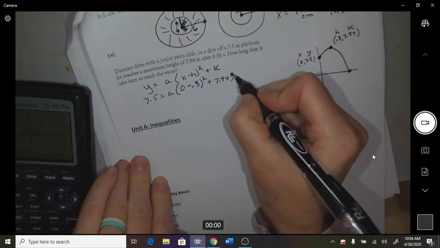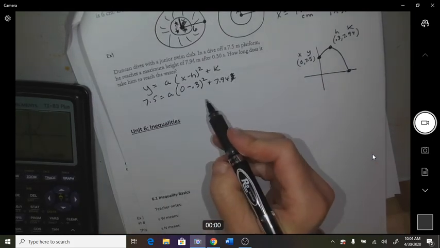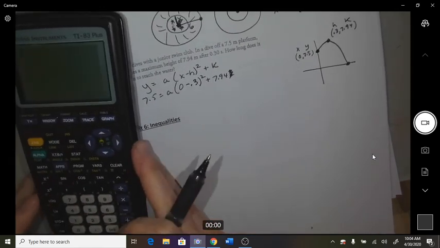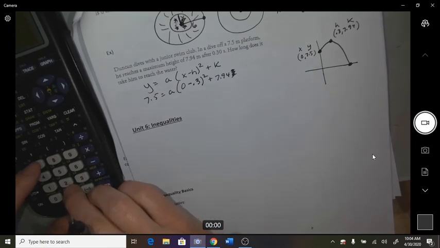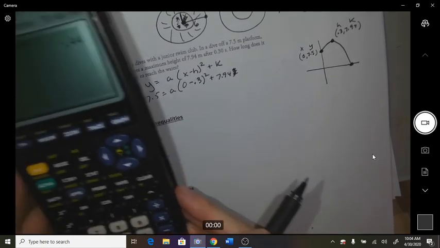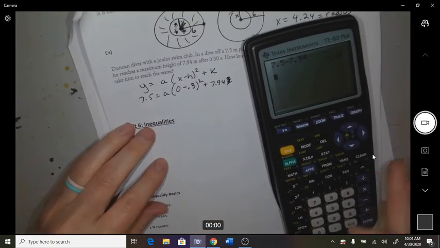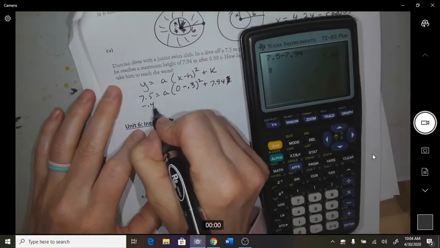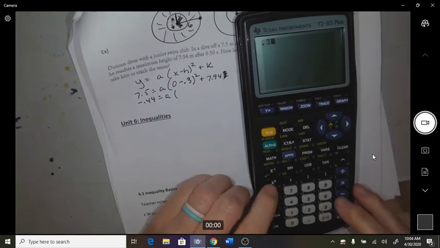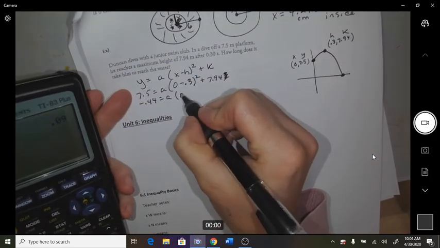Okay, so now I am going to determine my a. So I'm going to subtract 7.94. Negative 0.44 equals a, and then 0.3 squared, so this is 0.09.